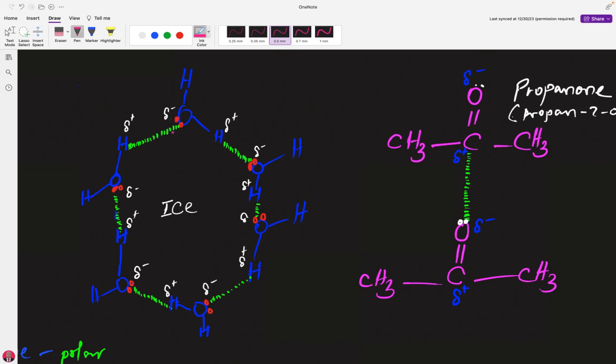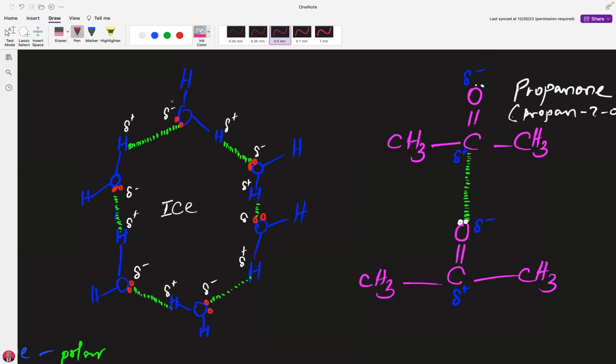Because of this bond, there is an induced type of intermolecular force, and because of the cloud of electrons found here, an instantaneous dipole is allocated there.